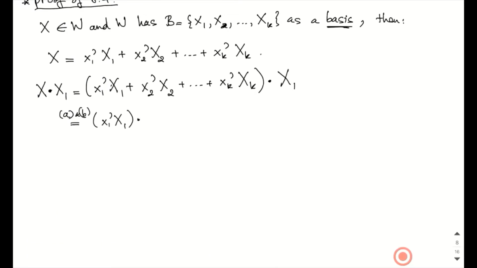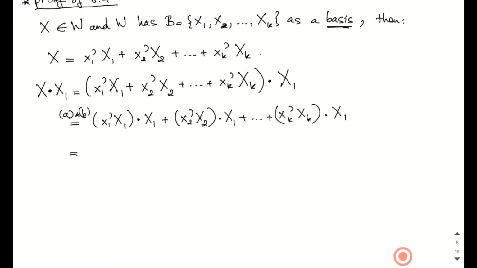By property A and B, you have this being distributed to x1, this being distributed to x1, and you have this. Now you use the scalar property, which is property C, right?